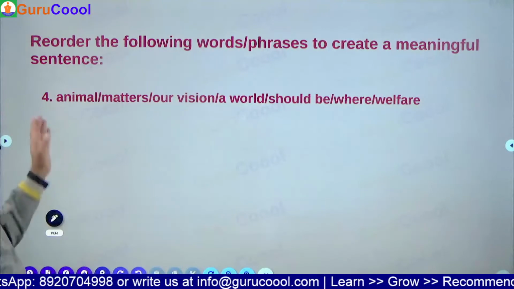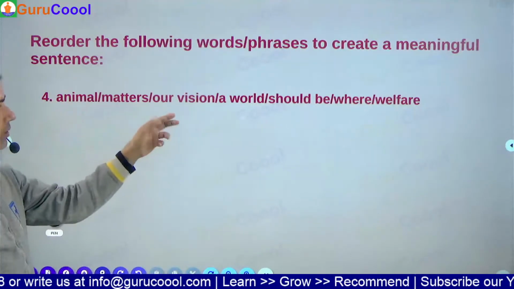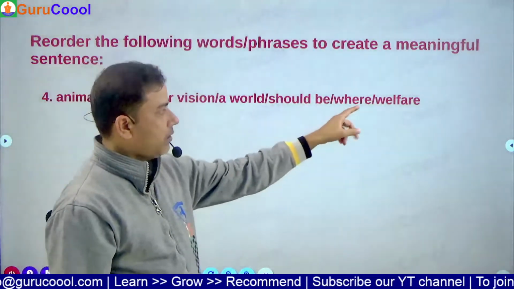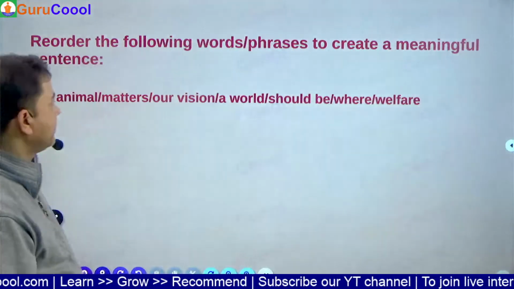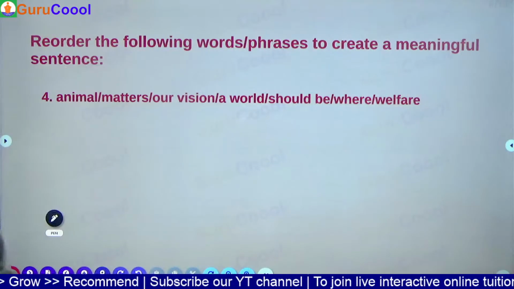Number 4, next sentence. Animal matters, our vision, a world should be where welfare. Sir, what does welfare mean?